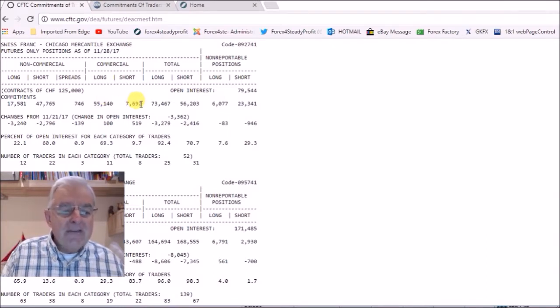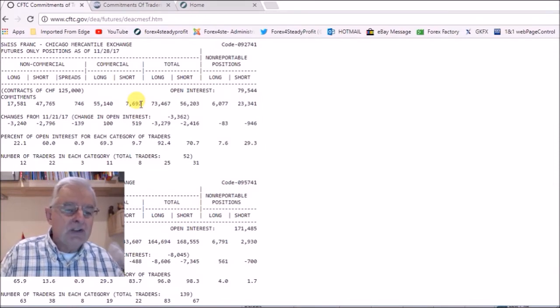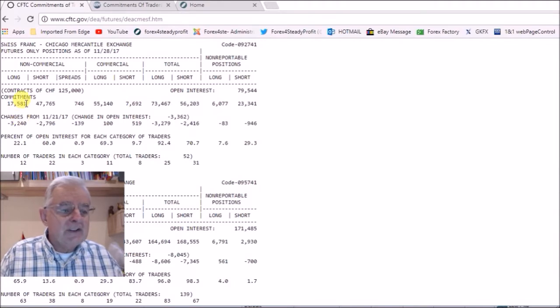So for every 7 contracts they've got out long, they will have 1 contract short. Conversely, on the other side, the non-commercials, the speculators, they have more short contracts than they do long.